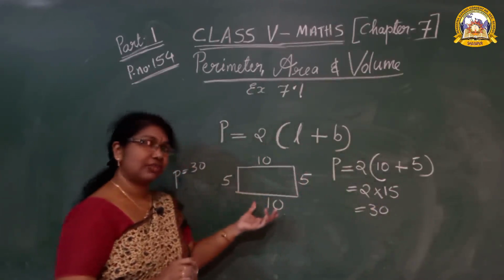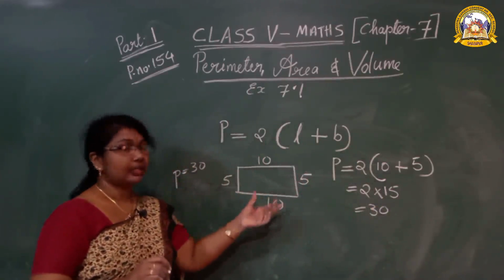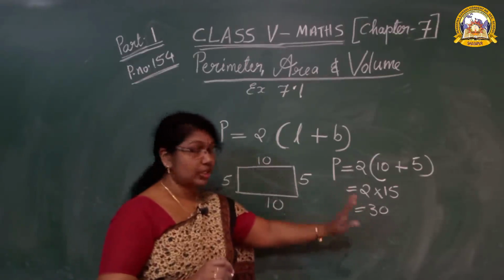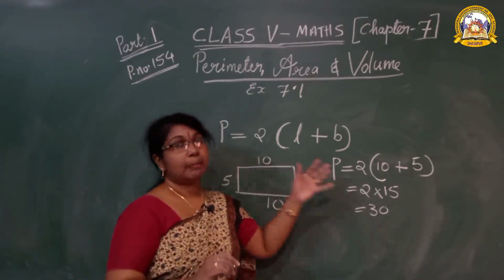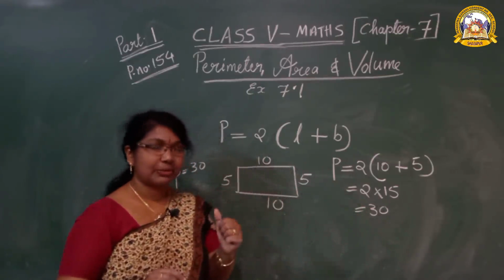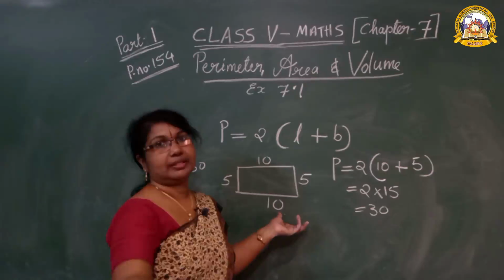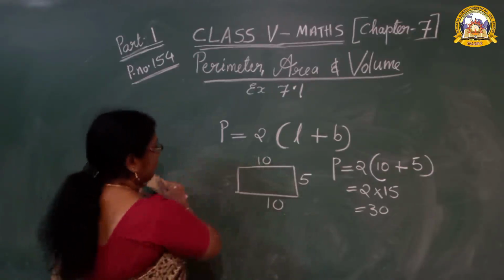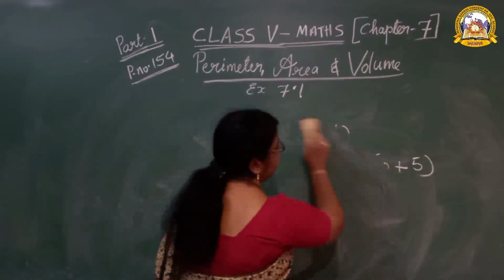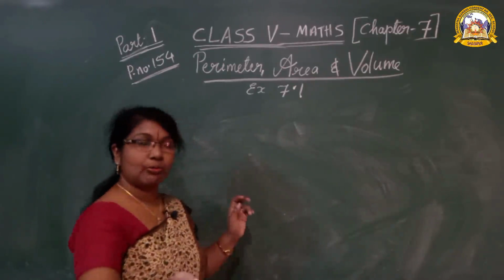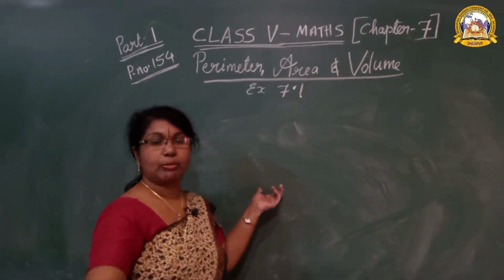In 4th class I think we sometimes added directly, but in 5th class onwards we always use the formula. Learn by heart the perimeter of rectangle formula: 2 multiplied by (length plus breadth). L is the short form of length, B is the short form of breadth.